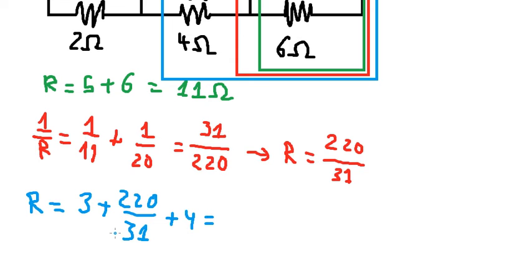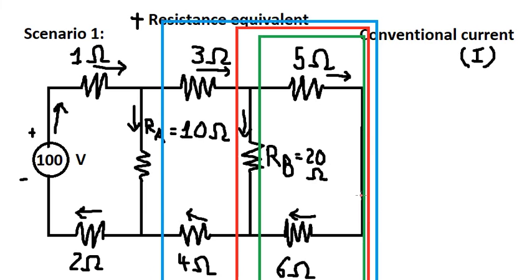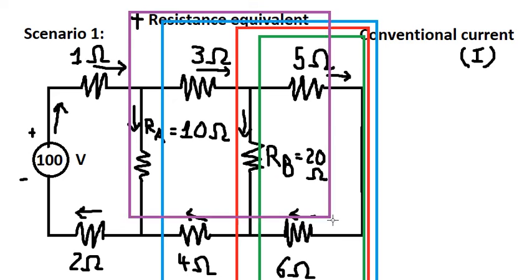So we calculate this one, and you got 437 over 31 ohms. And this is for the green one. The green one is parallel to RA in here. So I will highlight with the purple color in here.